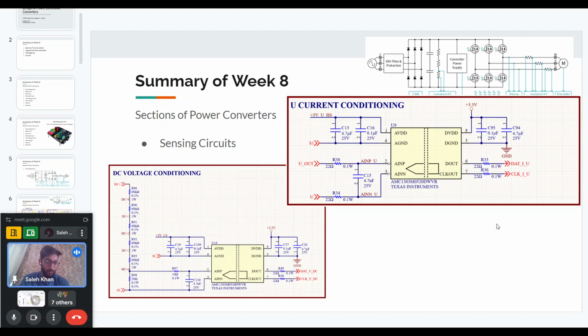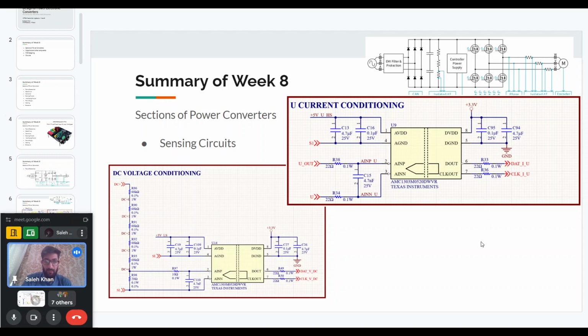The circuit I have not shown here, but if you search for the reference design, you will find they also have a speed sensing encoder. These 6 MOSFETs are actually in one module, and that module also has a thermistor for temperature sensing. So all of these aspects are sensed and given to the microcontroller.